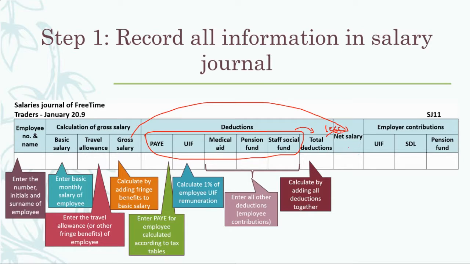This is very important. A lot of students got this column incorrect last year because they forgot that gross salary less total deductions gives you your net salary, and this is easy marks. Then this UIF here should agree exactly to what's in that column there. They should be exactly the same amount.